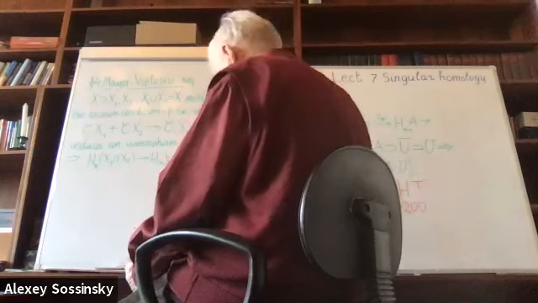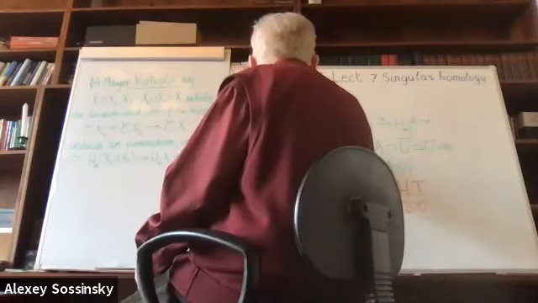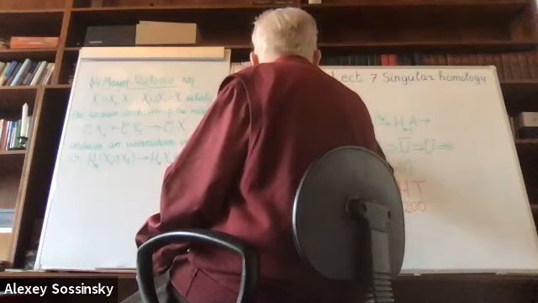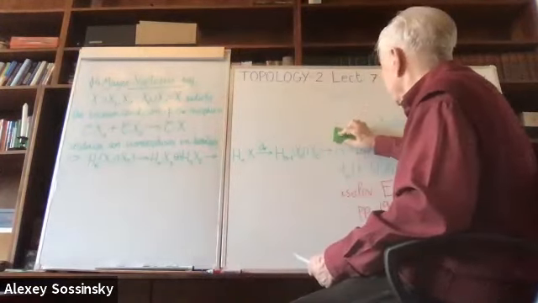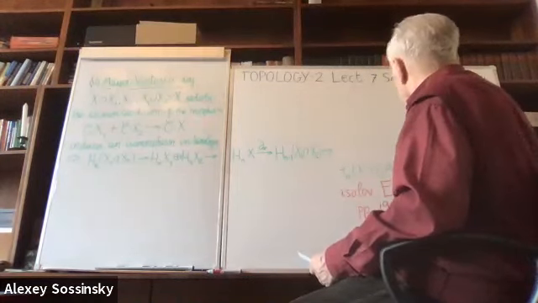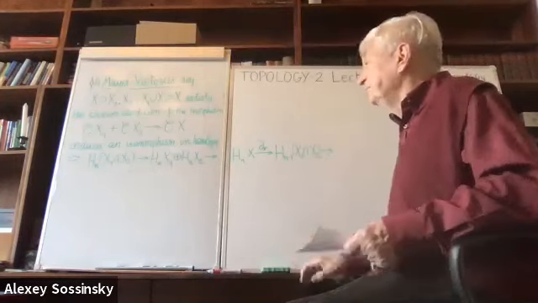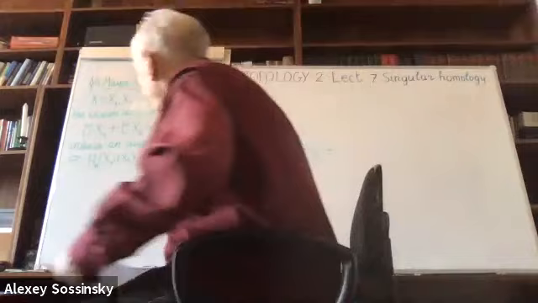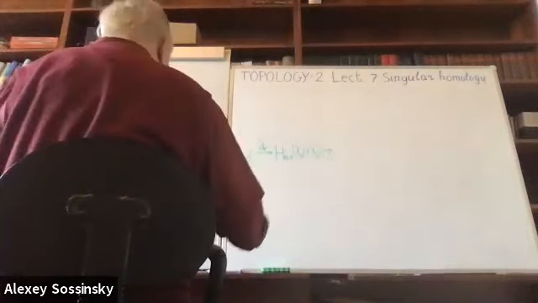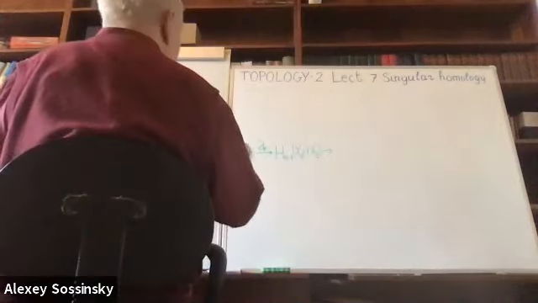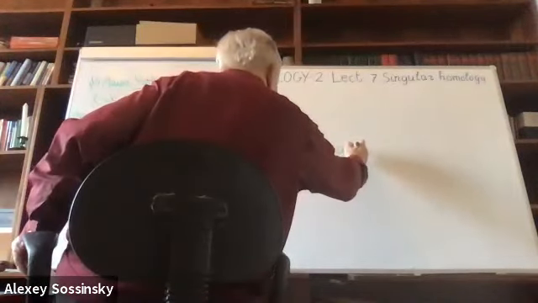We have a D star here, which takes this to H_{n-1} of the intersection. And so on. Then this sequence is exact.